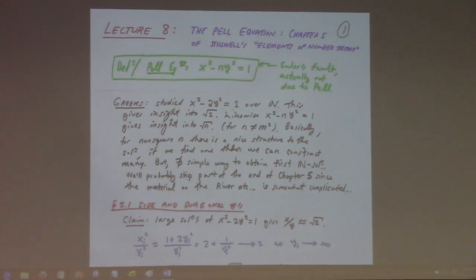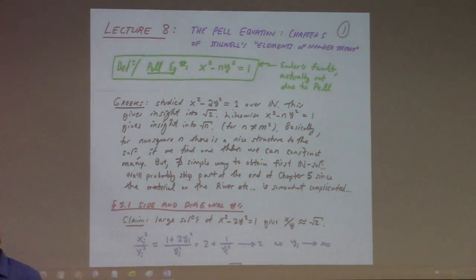So you're looking for integer solutions to something like this, right? x squared minus ny squared equals 1.